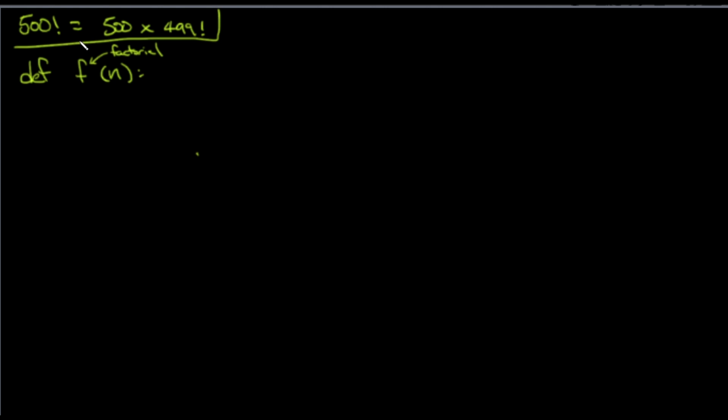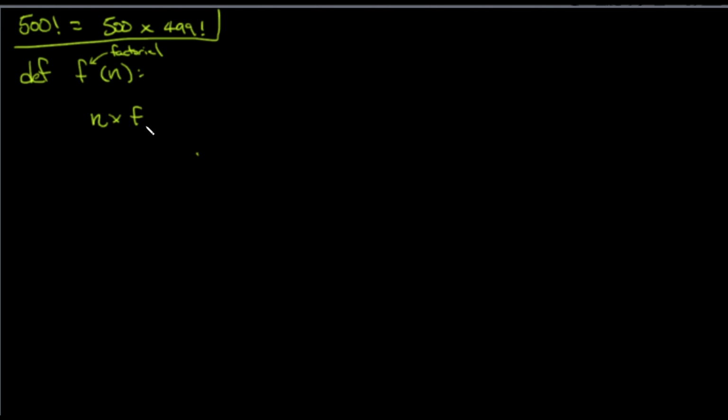And so we want to use this function to mimic this observation right here. So what would that look like if we have this function f that represents the factorial? Well, what we want is first of all to multiply n by the factorial of 1 less than n.